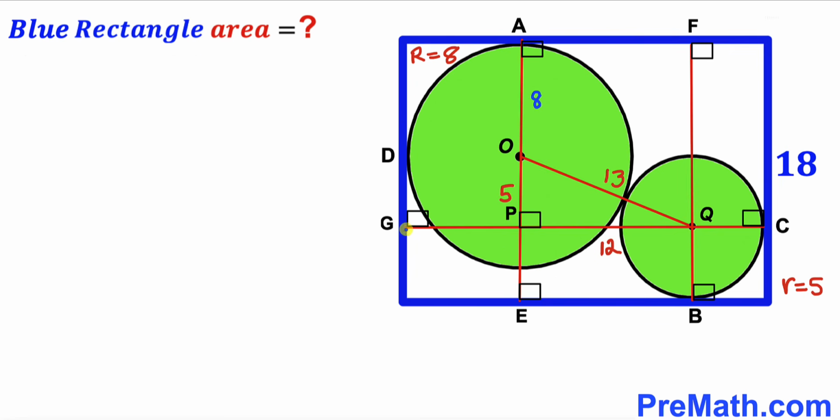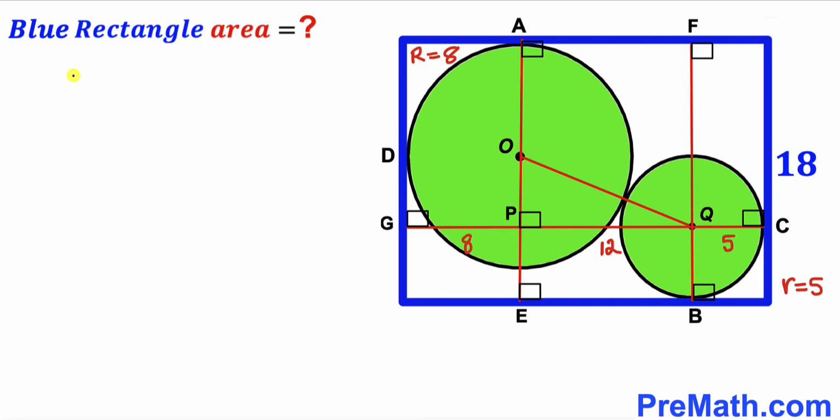Furthermore, let's make an observation. This GP is the uppercase R radius, whose value is 8. And finally this segment QC represents the radius lowercase r, and we know this value is 5. So we could see that this whole GC length is going to be equal to the sum of these three individual lengths: this length 8 units, this PQ length 12 units, and finally this QC length 5.